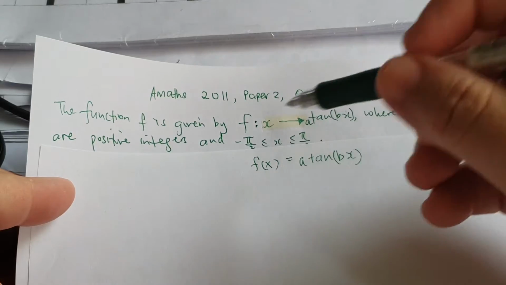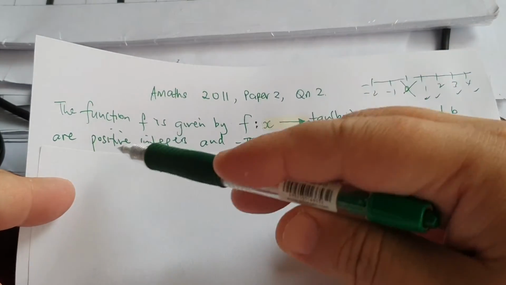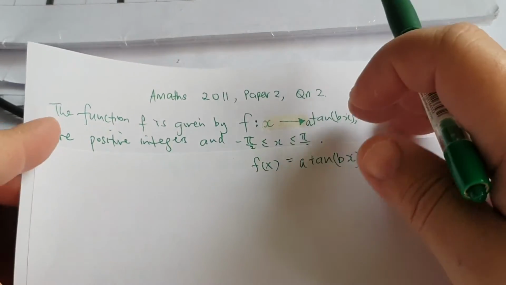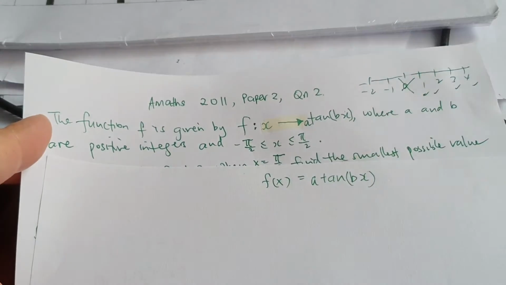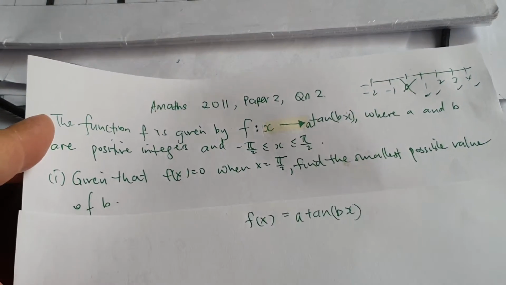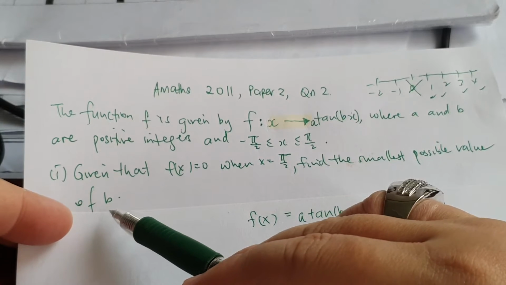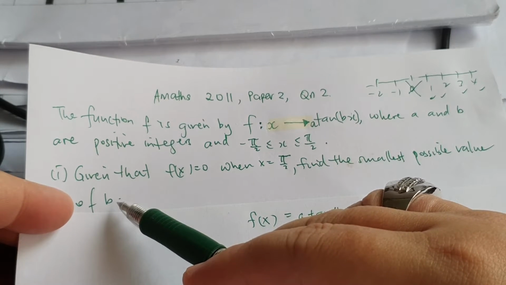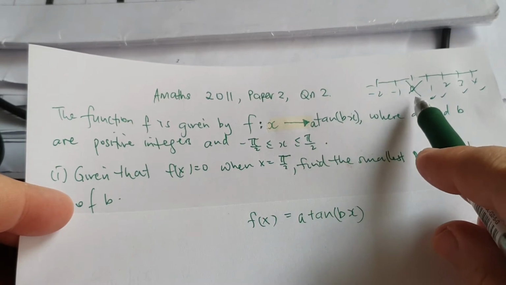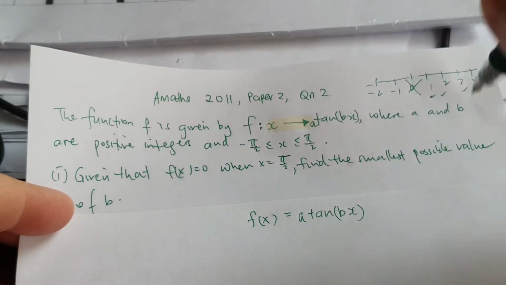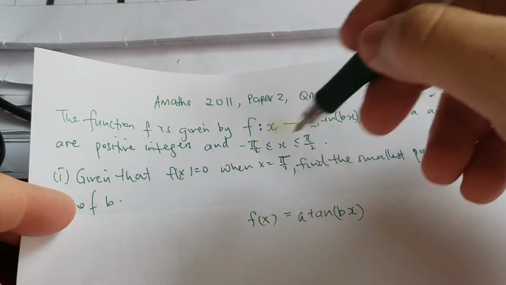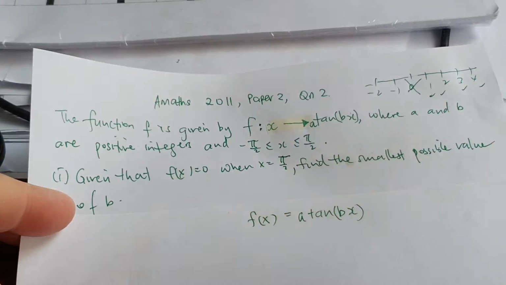You need to bear this in mind, because later they ask you to find the smallest possible value of b. You must know that your b cannot be 0.